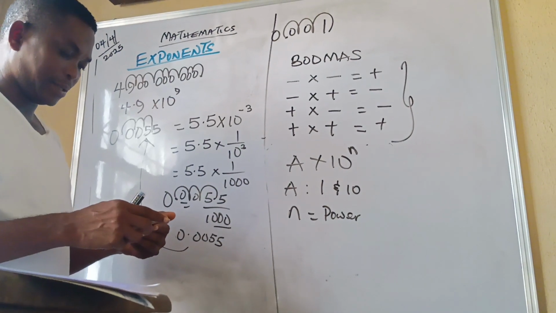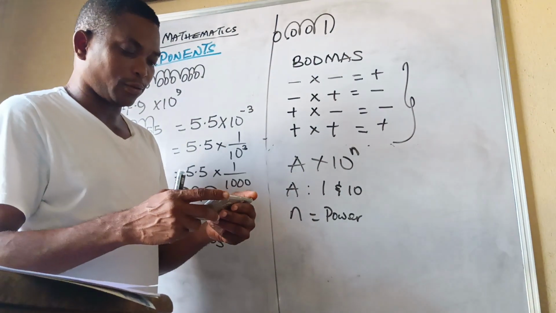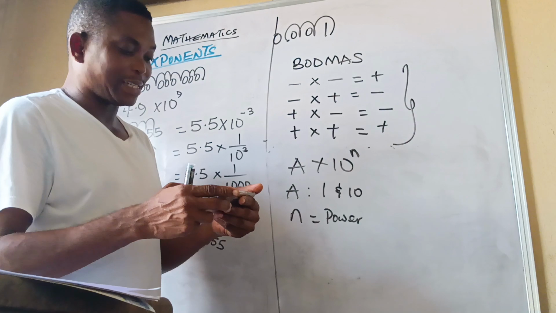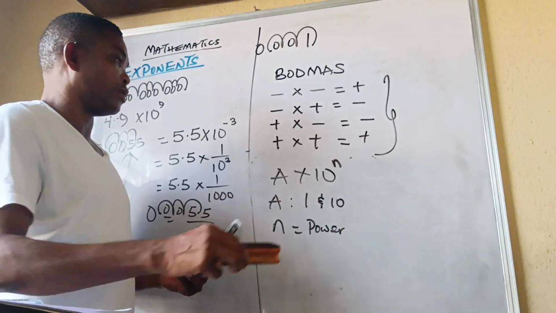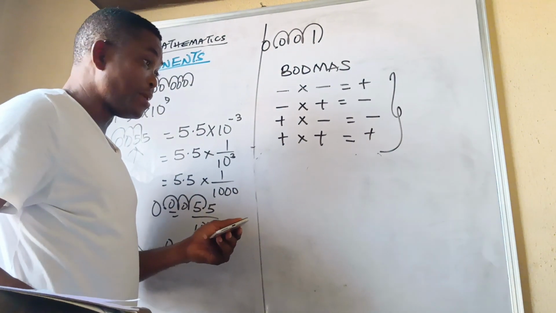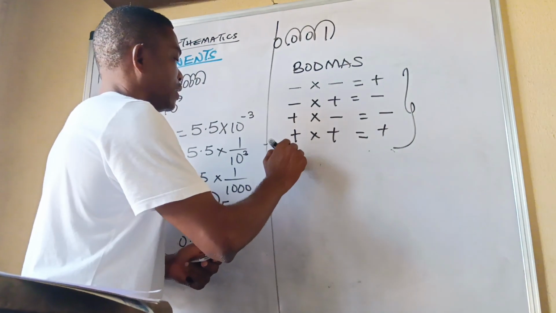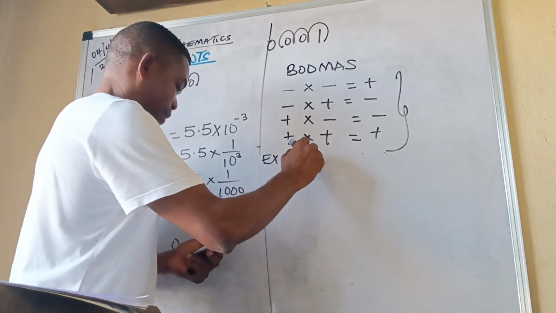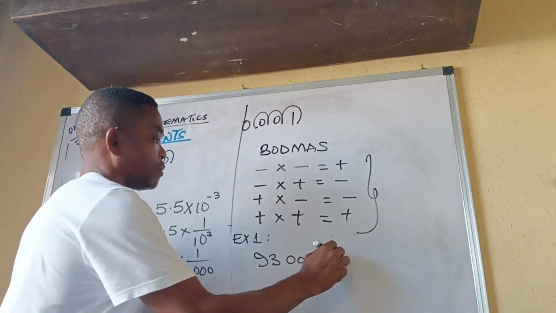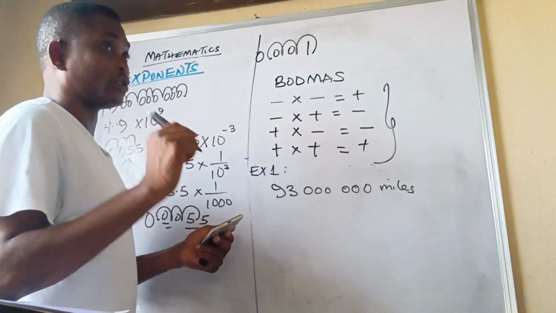Okay, let's say this. Example 1: the distance to the sun is about 93 million miles. Write the distance in scientific notation.